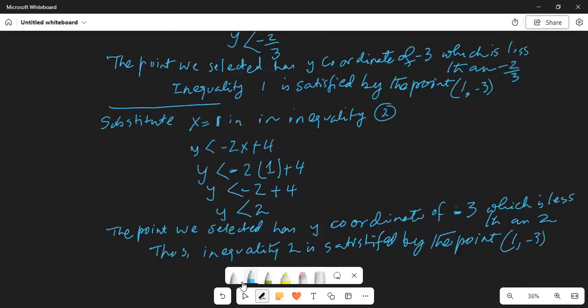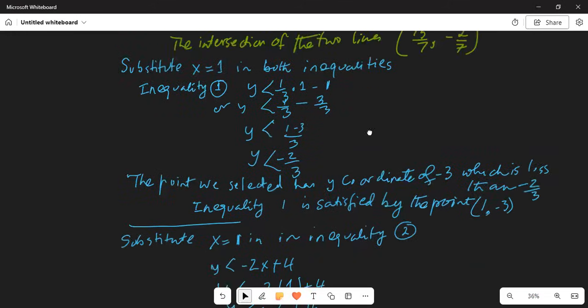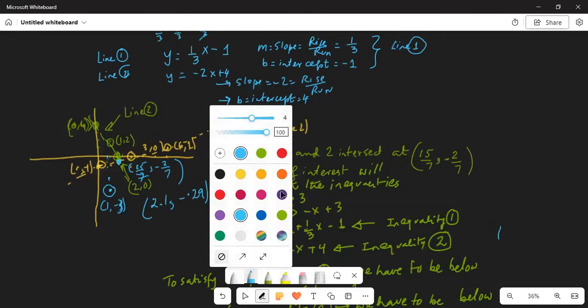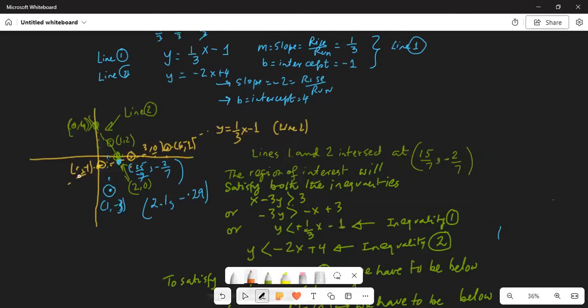So what is the region which is satisfied by both the inequalities? Let's do it in a different color. If I go like this, this is the region below both lines and below the intersection point.